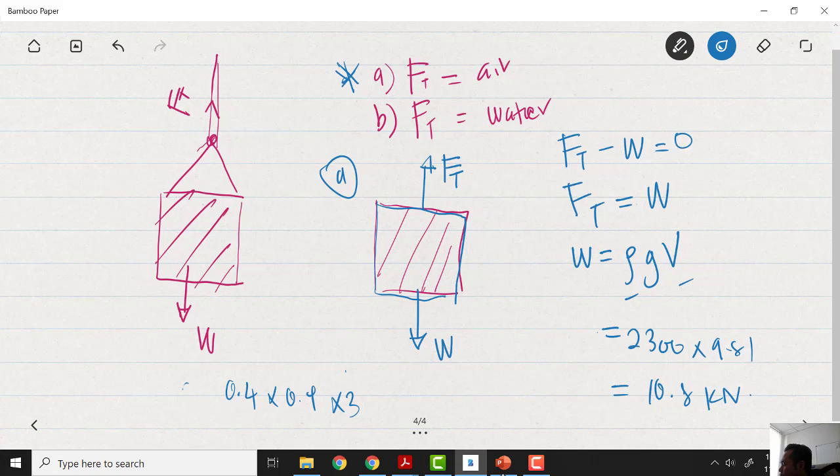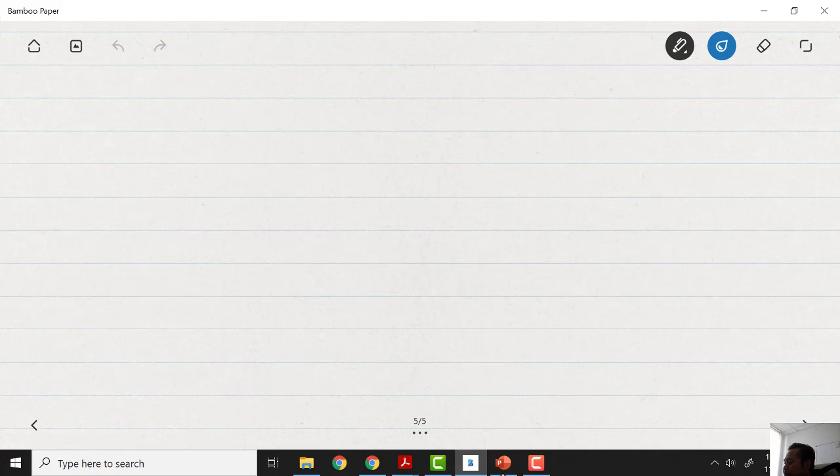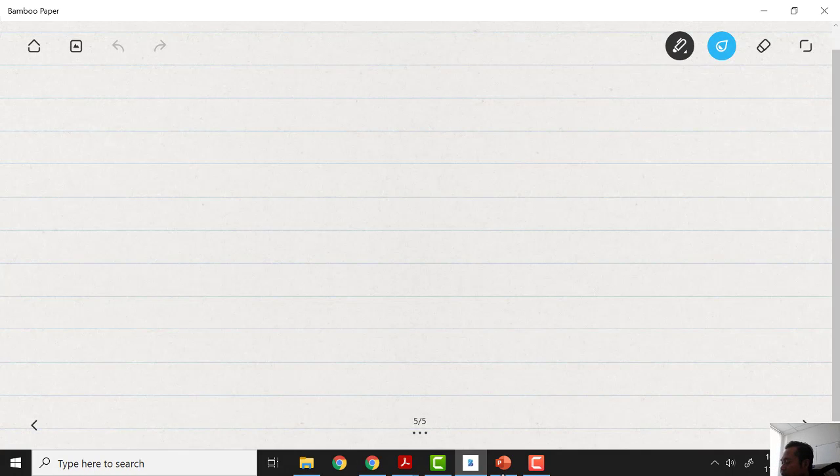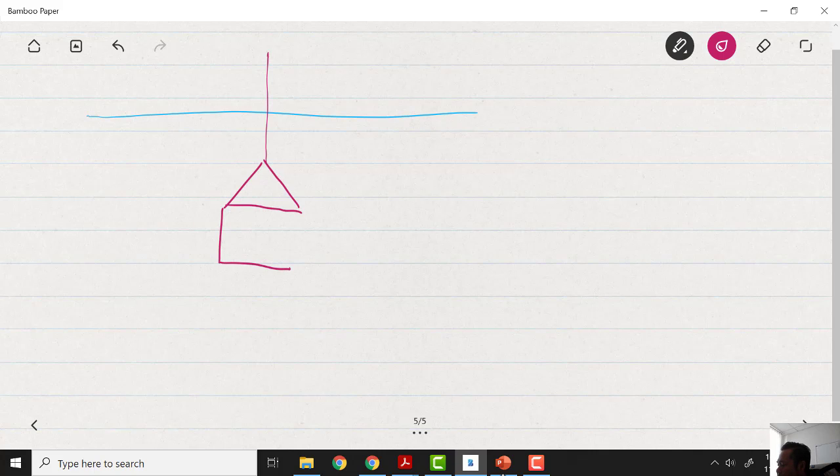So what happens if you submerge the block completely in water? Okay, so we have here the water surface, and then we have a wire holding the block in the water.